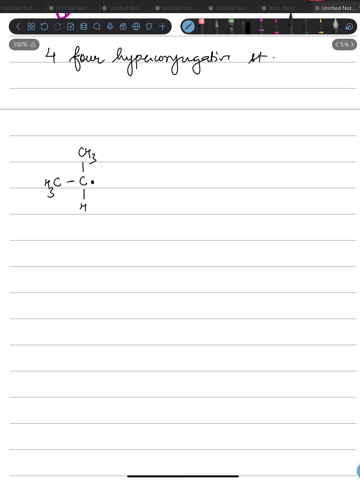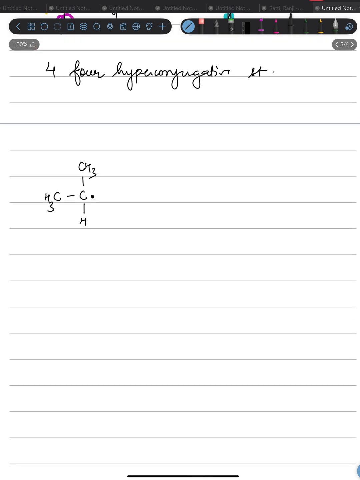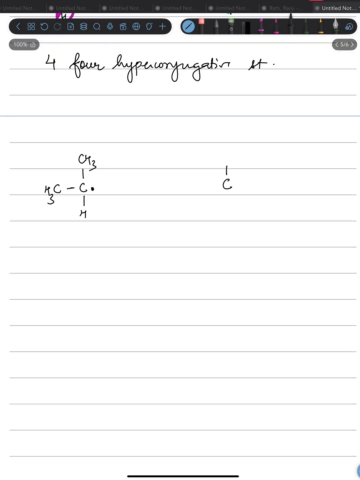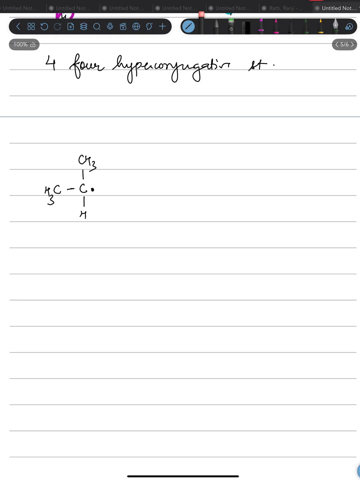Now, if I want to draw the odd electron the way we have drawn for that. So CH3, this is the carbon with the odd electron, right? So it has this odd electron, and it has this CH3 here, and to the next it has this CH3.